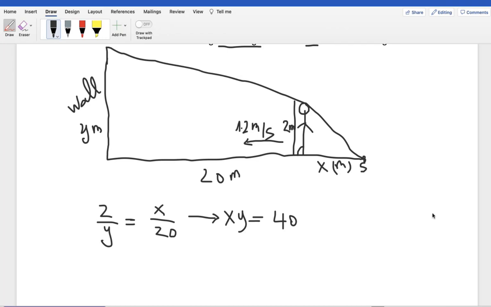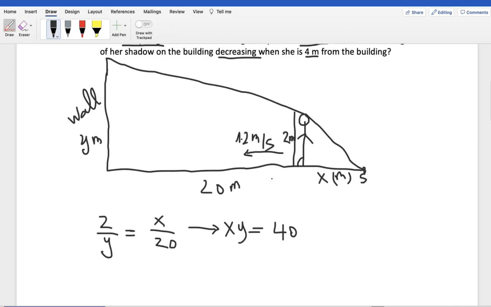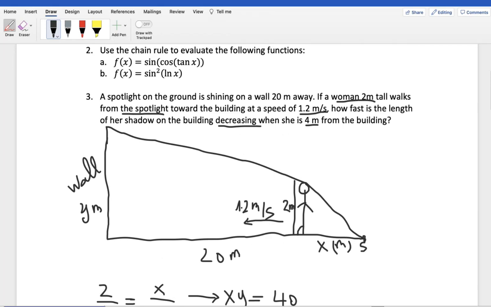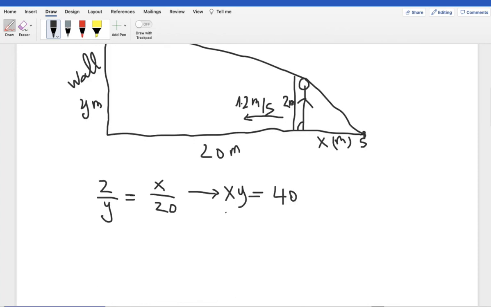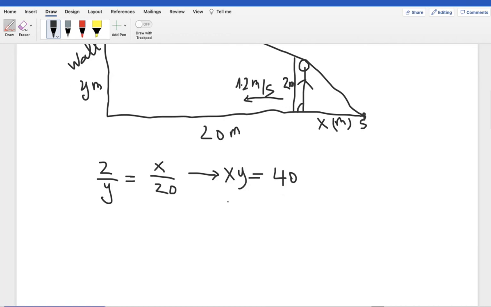Okay, so we have xy is equal to 40. Now, if you guys remember, we can take the derivative on both sides in terms of time, because we are looking at how the shadow is changing over time. Remember that x and y are both changing in terms of time, so you can use the product rule.